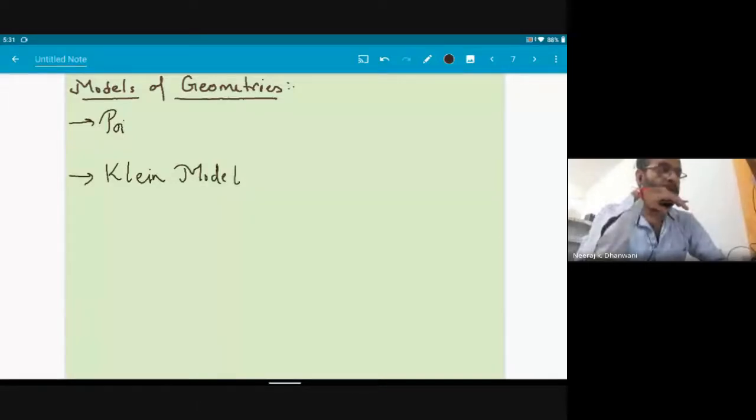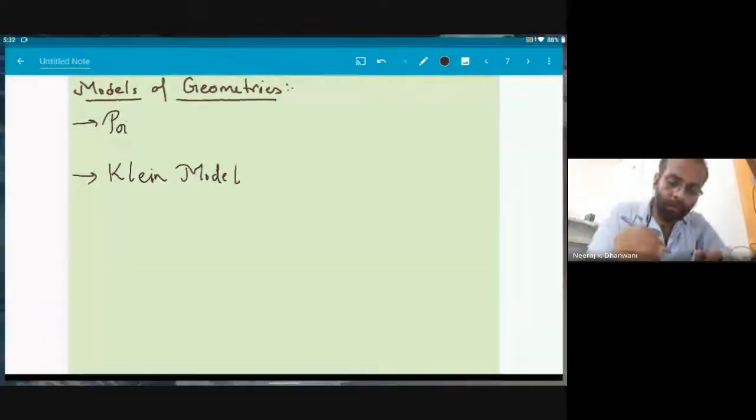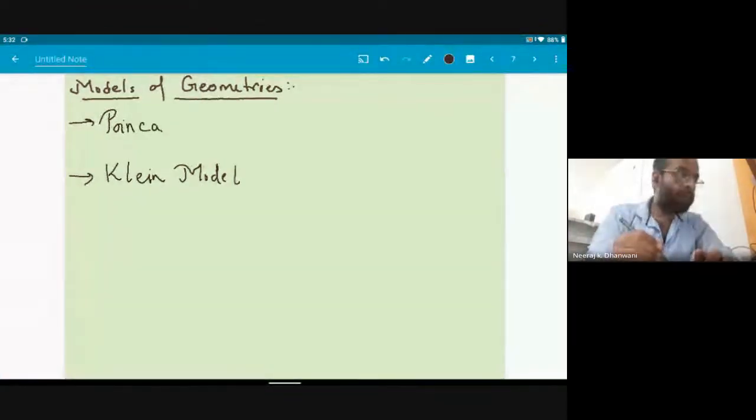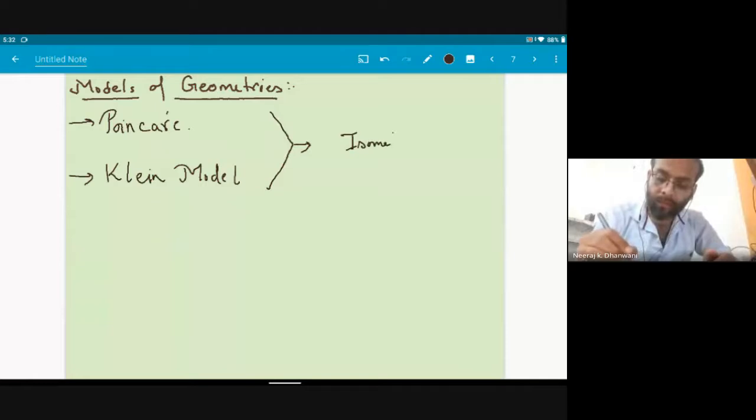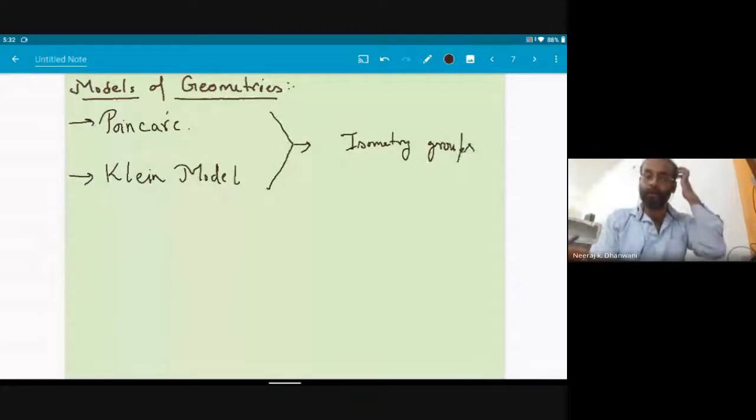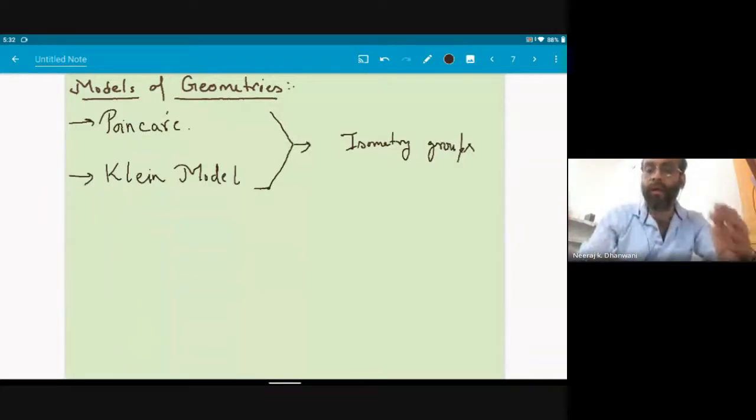If we are doing something, then instead of doing that thing directly, we try to understand its nearby thing and then apply it to our theory. So they gave the idea to understand the isometry groups. The meaning of the isometry groups is that you find out all the isometries of your plane.